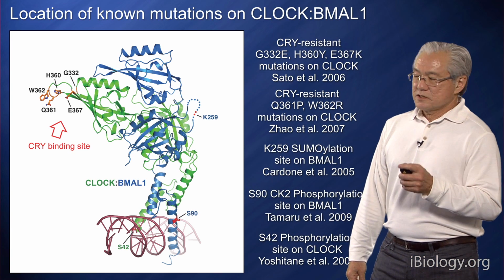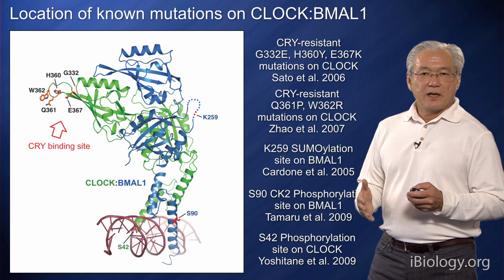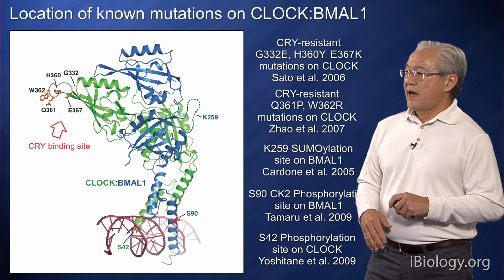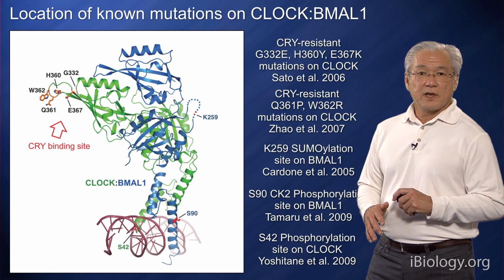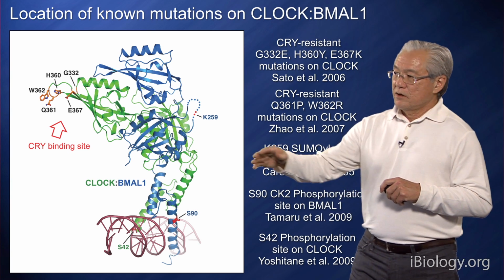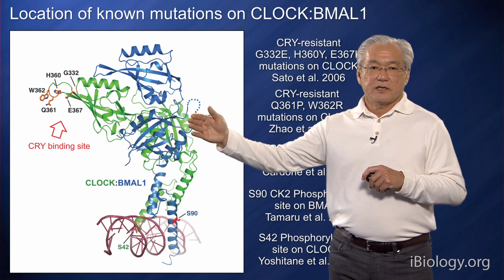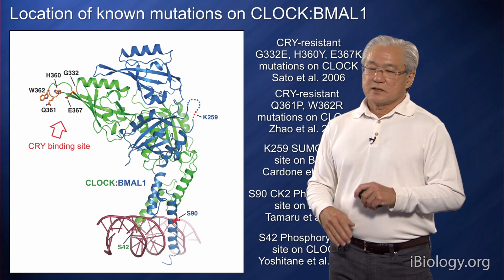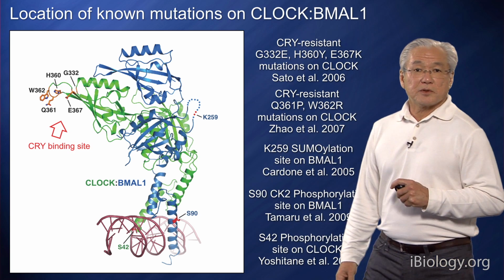And so we see this as really the first step in an atomic level understanding of how CLOCK and BMAL1 might function. In future work, we hope to be able to see how the cryptochrome protein might interact with the CLOCK-BMAL1 complex, as well as other components, such as the period proteins.